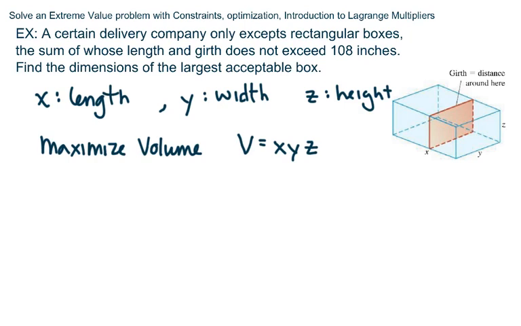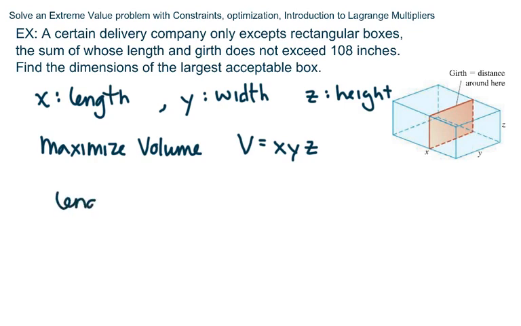Right now we have an equation of three variables, and we want to reduce that if possible. So let's think about what our other restriction is. We know that the length plus the girth is not permitted to exceed 108 inches, which means it needs to be less than or equal to 108 inches.